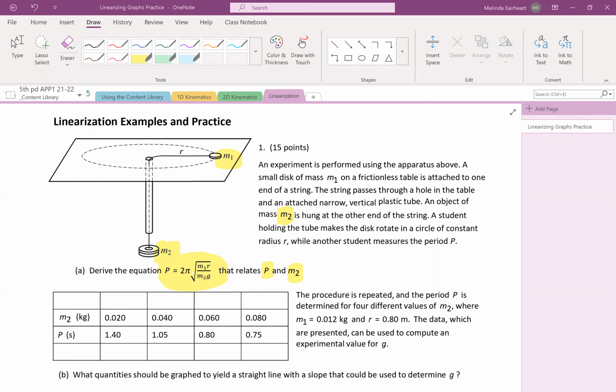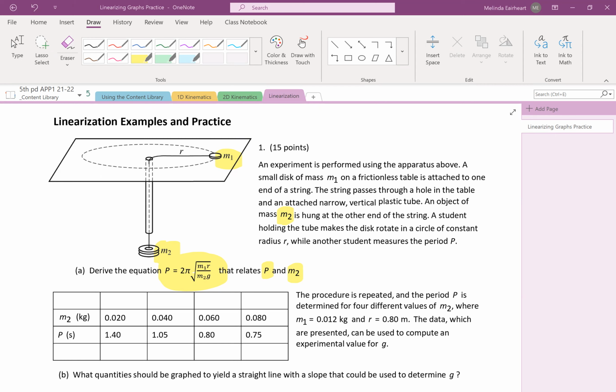Okay, so it's about taking this equation, rearranging it to fit y equals mx plus b, using that m2 and p, which are the two things changing. And hopefully you look at the data table, because the data table is going to have the things that are changing, right? We're going to be changing the mass, and then you're going to record the time, the p, okay?